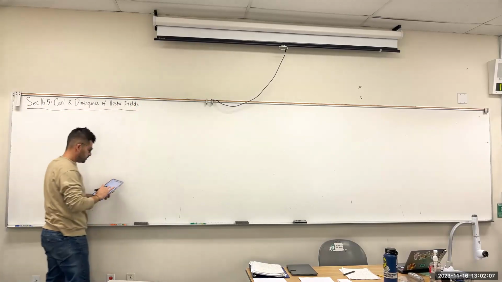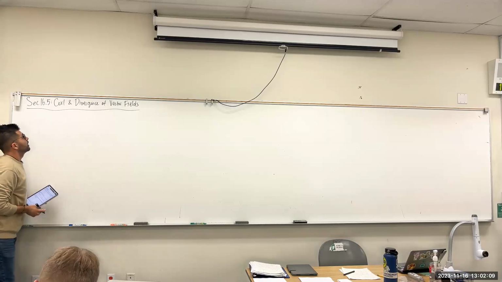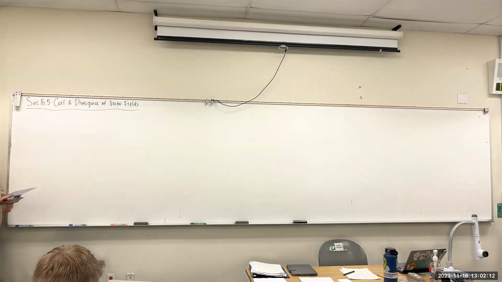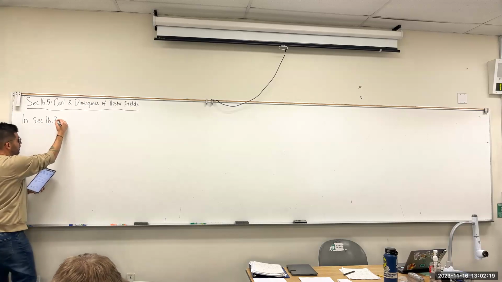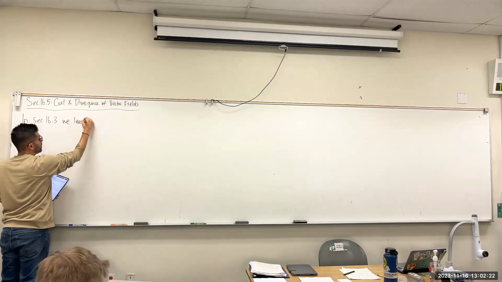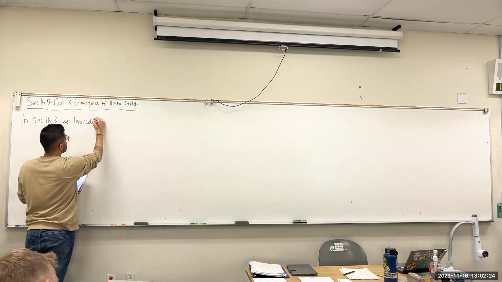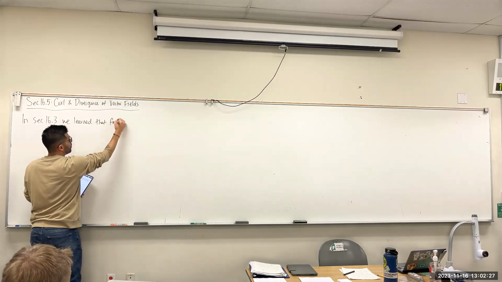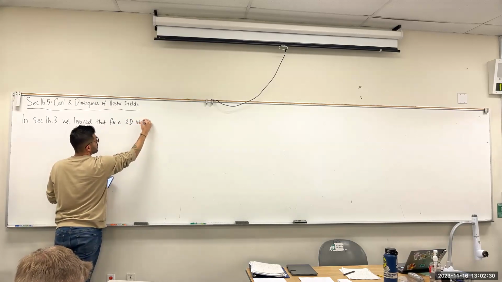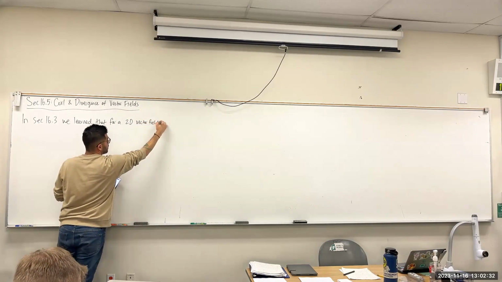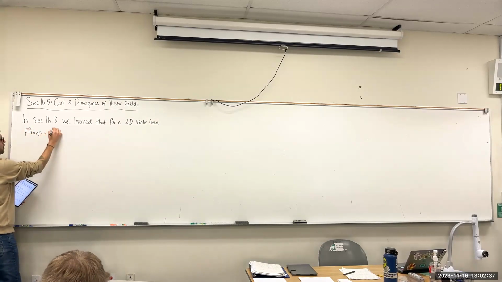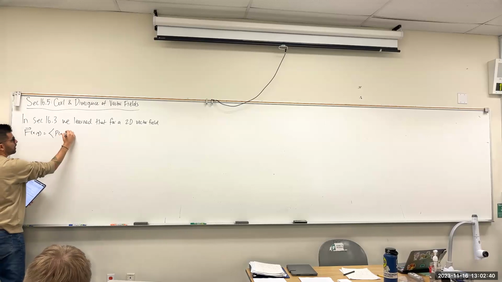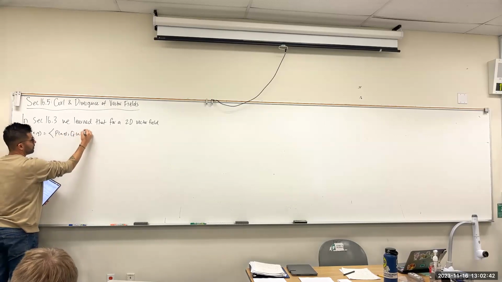All right, so let's start by continuing the story that we were doing on Tuesday. In section 16.3, we learned that for a two-dimensional vector field, let's say F, contains functions P of x,y and Q of x,y.